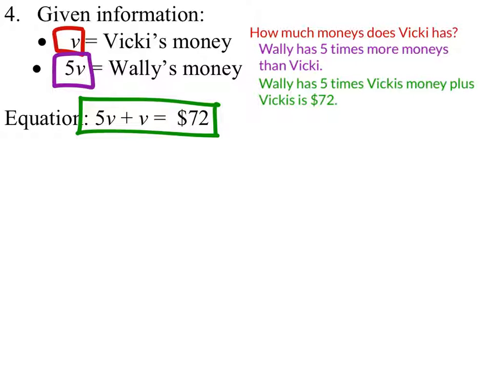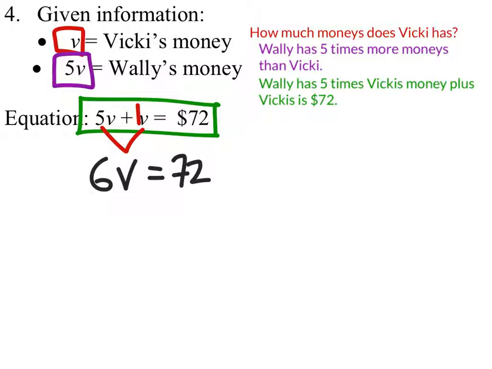Well, now that we have that, let us solve these. So, we'll make that a 1V, right? So what do we do first? Correct. Combine the variables. Well, if I had 5 V's and 1 V, how many V's would I have? 6 V's, which now equals 72 bucks.